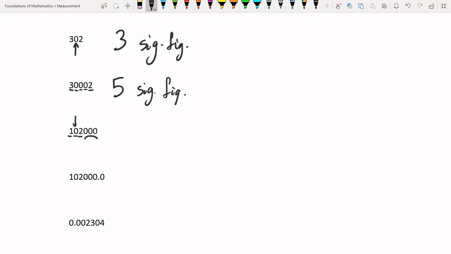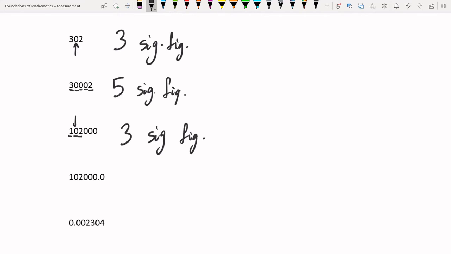They're only there to show that we're not talking about 102, we're talking about 102,000. It's a place value idea. So there's only 3 significant figures in this number.